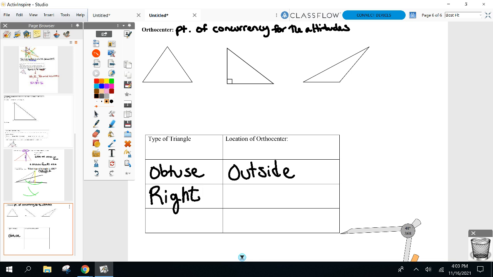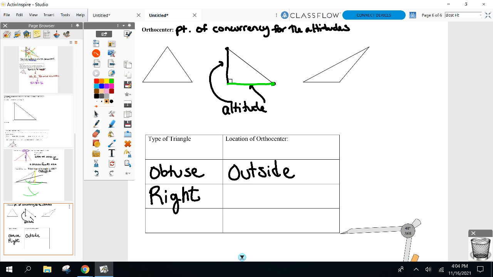Right triangle. If I have a right triangle, which I have up here, I don't know if you guys see this or not, but in a right triangle, two of the altitudes are already two of the sides. Take a look: altitude, altitude. Remember, go back to the definition of an altitude. It starts at a vertex, perpendicular to the opposite side.